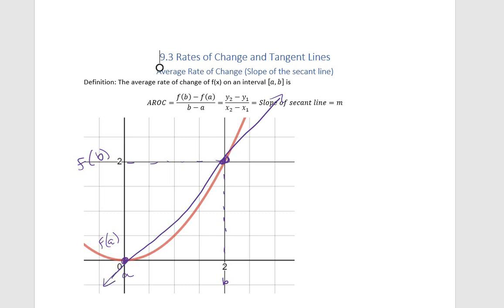A line that connects 2 points on a graph like this is called the secant line. So this is the secant, and then the average rate of change is the slope of that line.